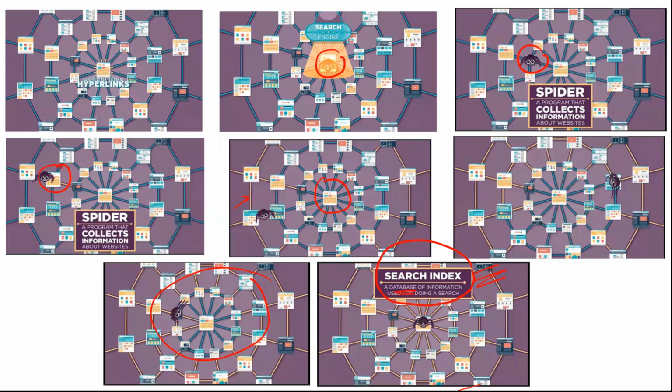So whenever the spider visits a particular web page, it records some information that a user might need, and stores it in a separate database called the search index. This is how a program traverses across the web pages, and all this happens behind search engines. This is what a search engine actually is, but there is way more to it.